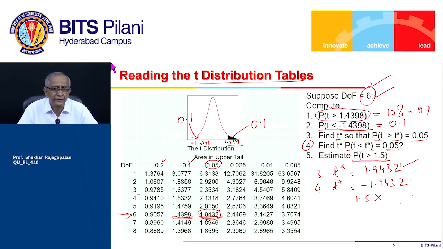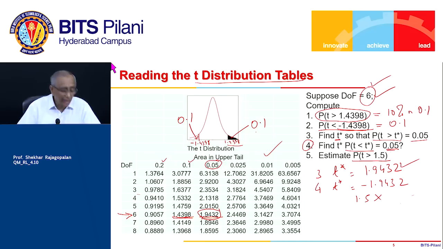And you should realize why. The point is that I cannot have a t table for every degree of freedom, which means that I would have had to have at least a 1000-page notebook. And therefore, what we have done out here in this t table, it gives you a limited view of the t distribution.